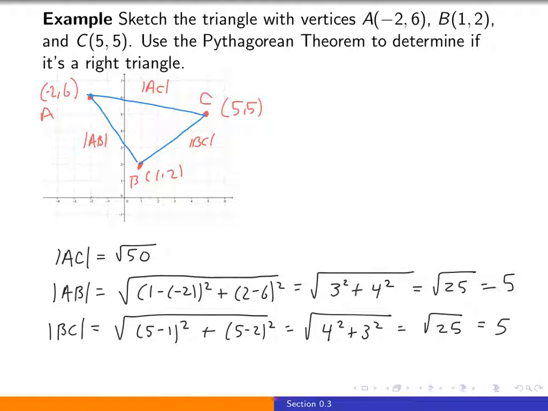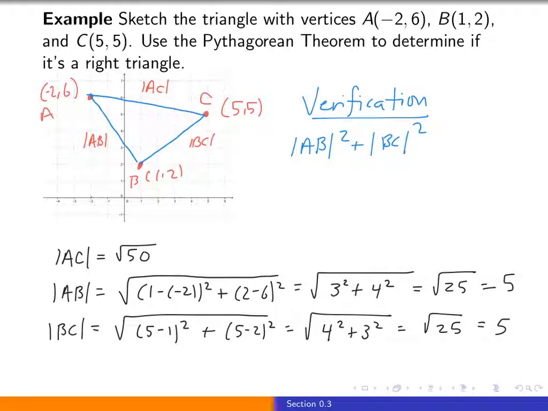So in our example, when we combine this all together, this is our verification. If we take AB squared plus the length BC squared, we have 5 squared plus 5 squared, which is 50, because 5 squared is 25, and that equals the length of the side AC squared.